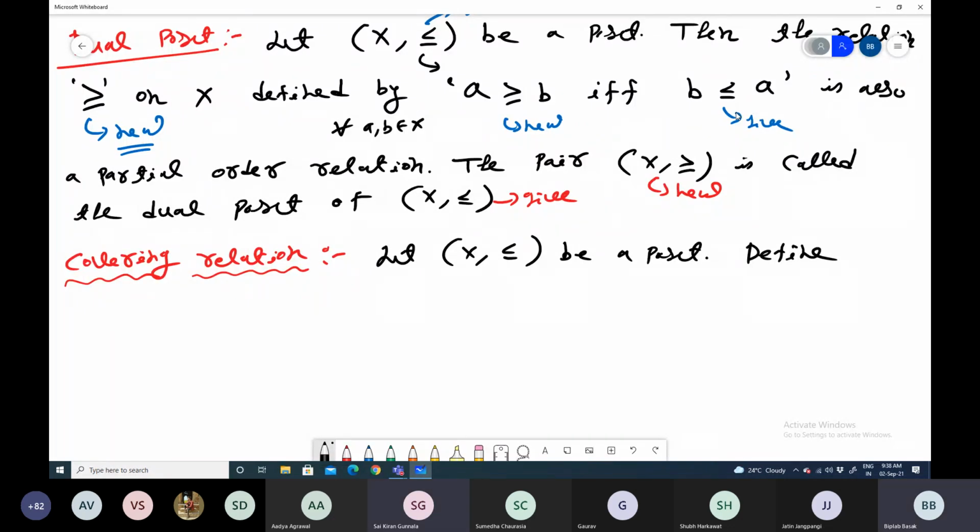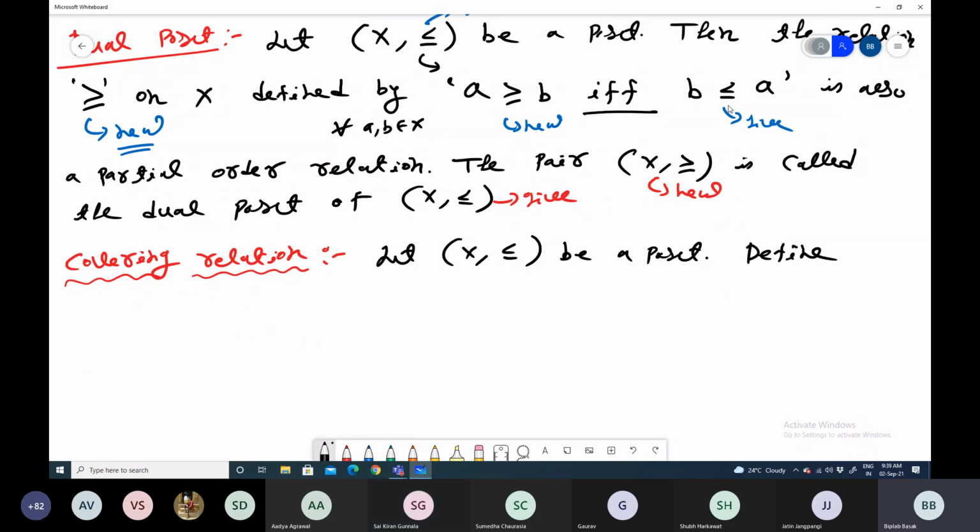What's the meaning of greater than or equal to here? It is that B is less than or equal to A. For example, suppose less than or equal to means A divides B. Then we can define greater than or equal to with that.